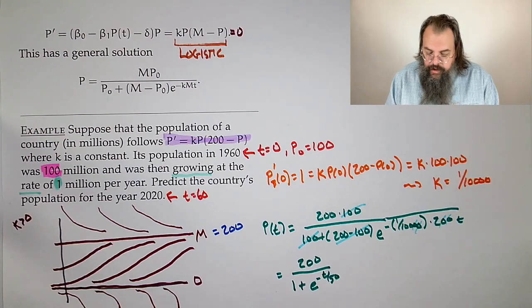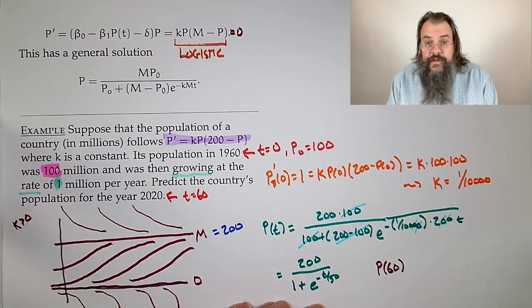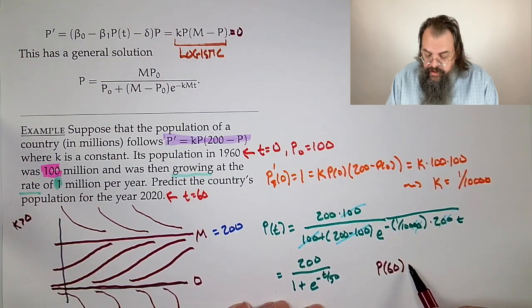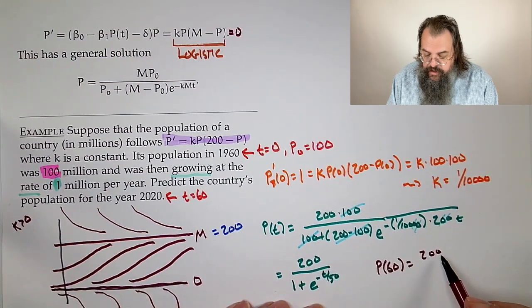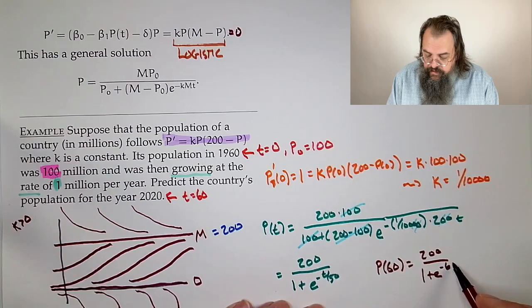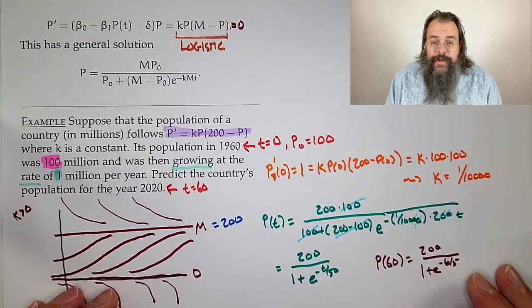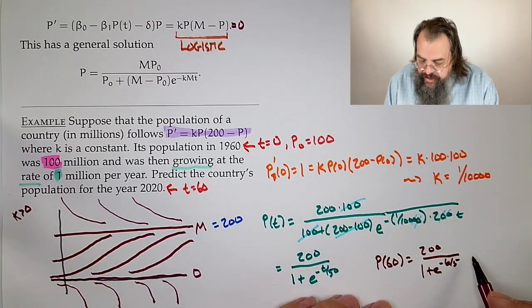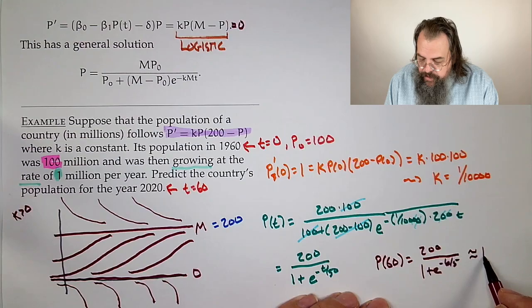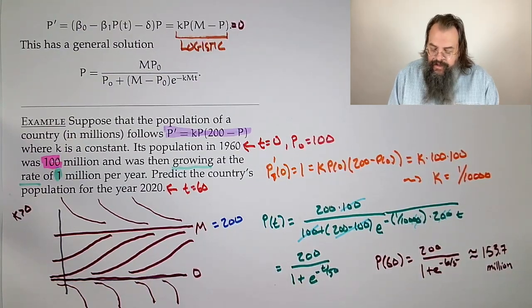We come up with our answer that our population 60 years later, in 2020, is 200 divided by 1 plus E to the 60 over 50, which is minus 6 over 5. And there we go. Great. Now, if you plug this into a calculator, I believe it's about 153.7, which of course, remember, means million people.